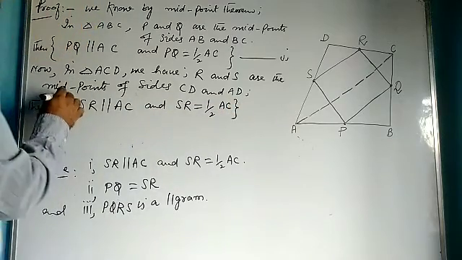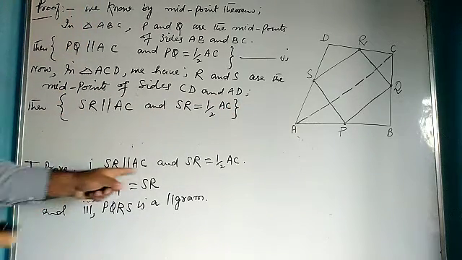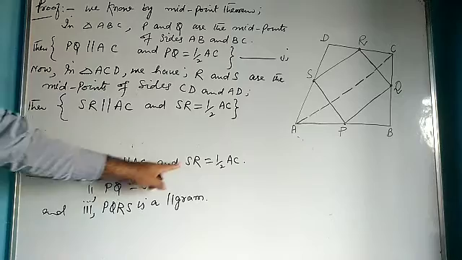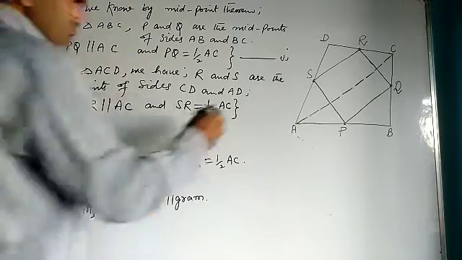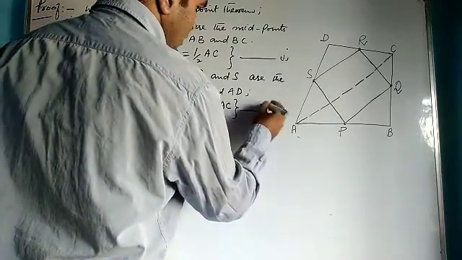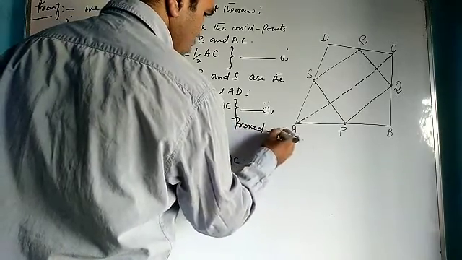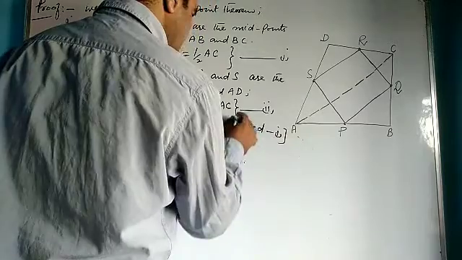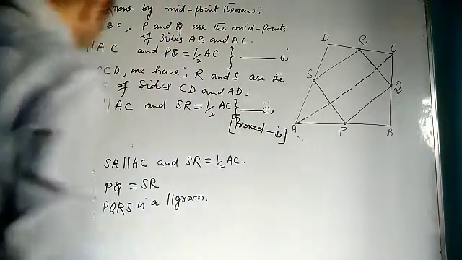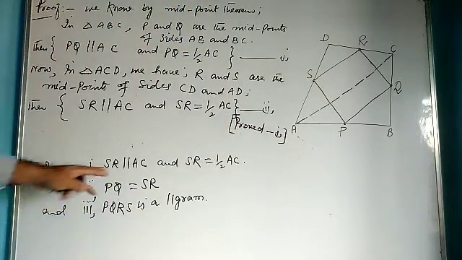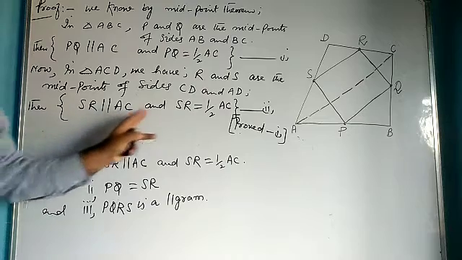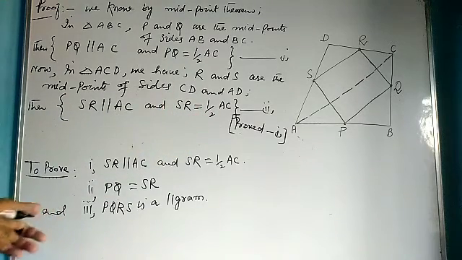So see, first here, SR is parallel to AC and SR is half of AC. Now name this the second. So we proved this first, that SR is parallel to AC and SR is half of AC.